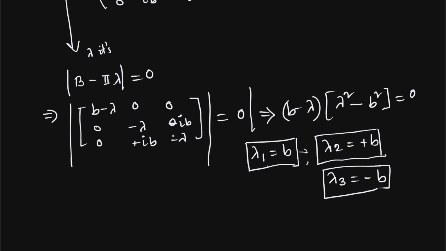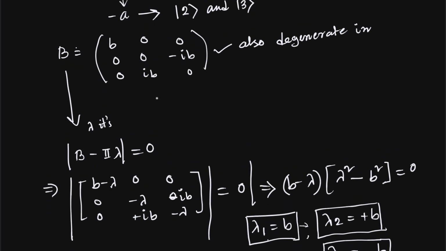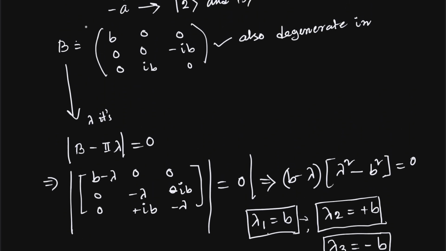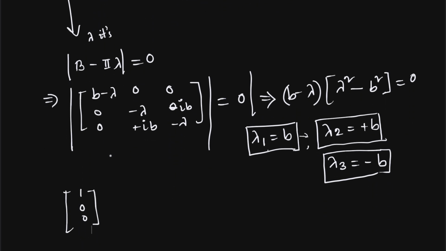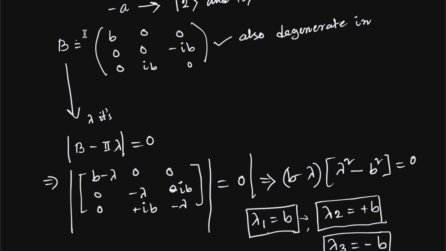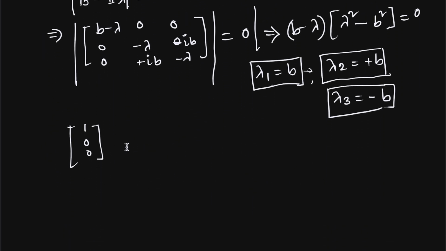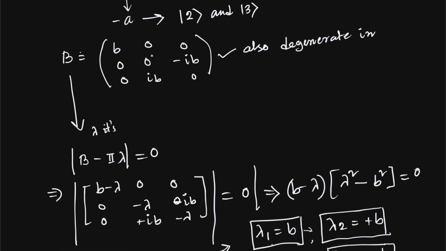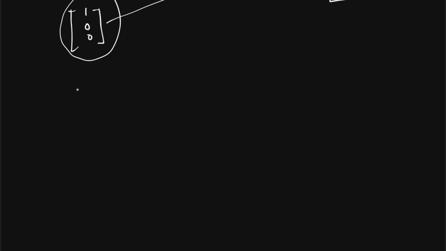So let us check what its eigenkets are. The first eigenket will be the same as for A, which will be (1, 0, 0), corresponding to this eigenvalue. Now let us check the second eigenket.